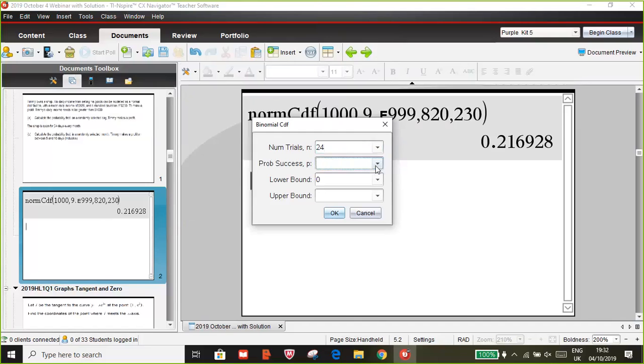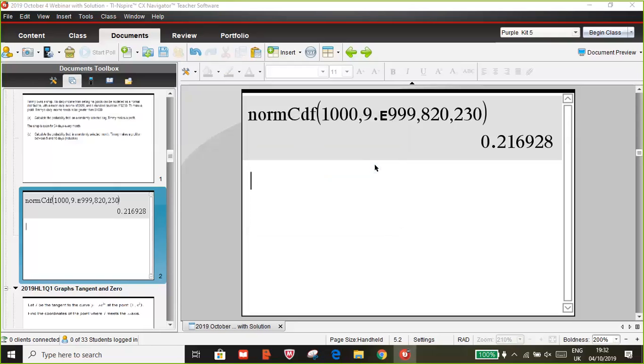The easy way is just to type 0.21698, right? Yeah, you can do that. We shall do that first and see what happens. Okay. Tab. Lower bound is 5. Upper bound is 10. Okay, you get that answer.